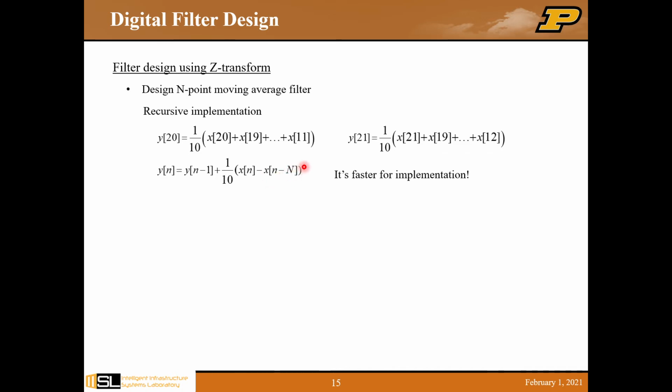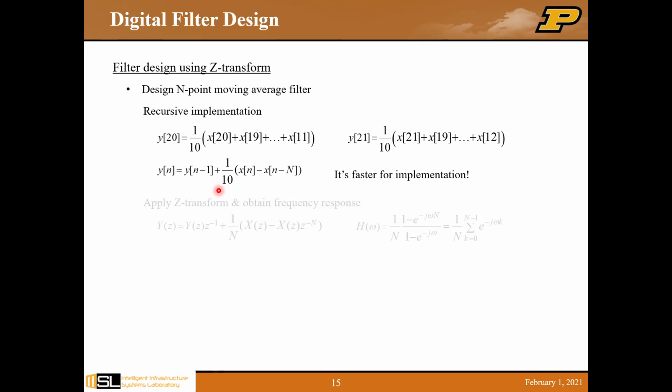The result is the same, but it is very fast for implementation. It doesn't need to recalculate the 20 previous inputs; it just uses the previous output and updates one input. It's faster to implement, but it depends on the previous output.